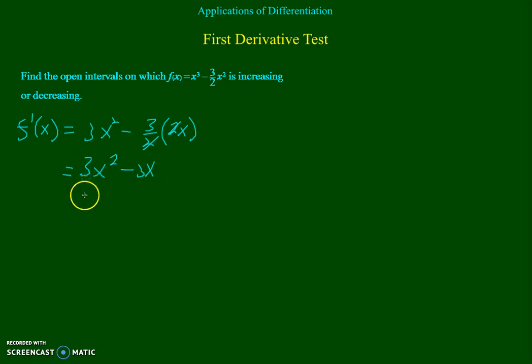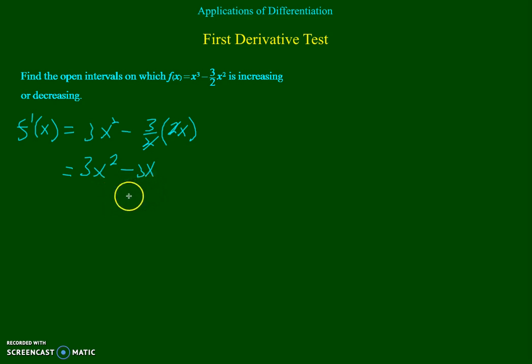There's our first derivative. Now we want to determine where the function is increasing and decreasing. And we saw that the function is decreasing where the slope of the tangent line is negative, and the function is increasing where the slope of the tangent line is positive.